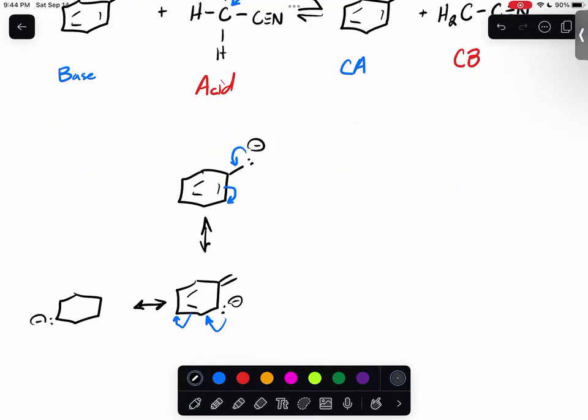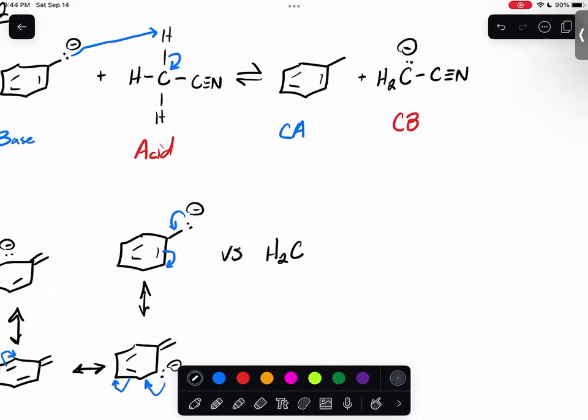There's not really a time that it's ever going to put the negative charge anywhere that is significant in terms of being a better resonance structure, because remember, our major resonance contributors are based a little bit off of electronegativity.